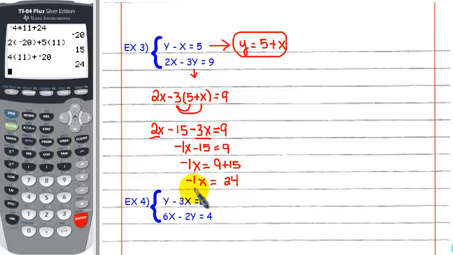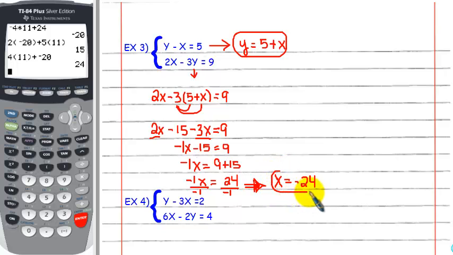And that means we need to get the x alone, so we're going to divide both sides by negative 1. Gotta squeeze a little bit here, and I'm going to move the answer to this side here because we're running out of space. So, okay, and 24 divided by negative 1 is x equals negative 24.